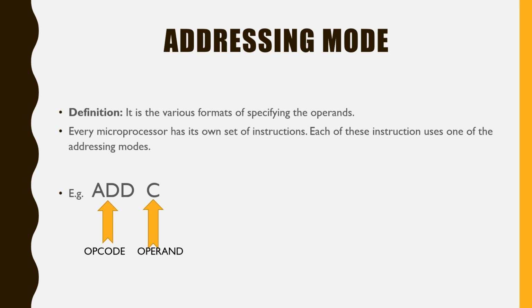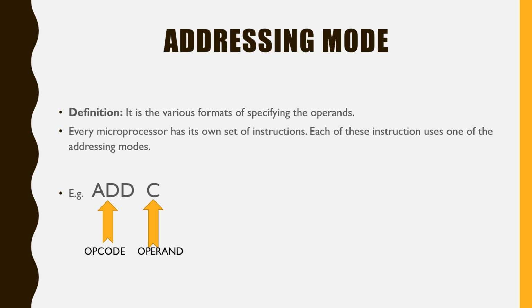Now these instructions are nothing but actions the microprocessor will perform. Every microprocessor has its own set of instructions to execute a program. All these instructions belong to some addressing mode, so each instruction uses one of the addressing modes.